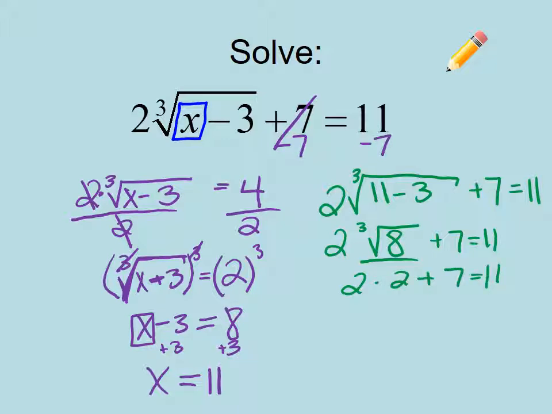According to PEMDAS, we want to take care of multiplication first. So 2 times 2 is 4. And 4 plus 7 gets me to the 11 that I needed. So that answer checks out. So on all of these, you'll know if you're right or wrong based on checking your answer.